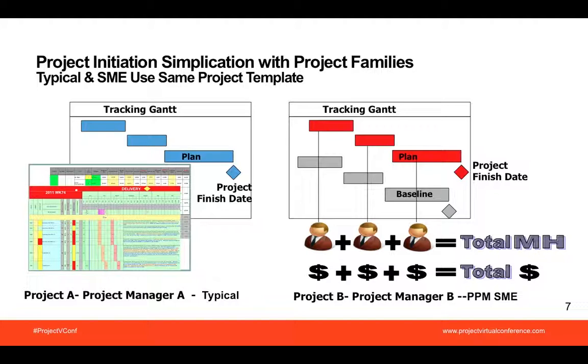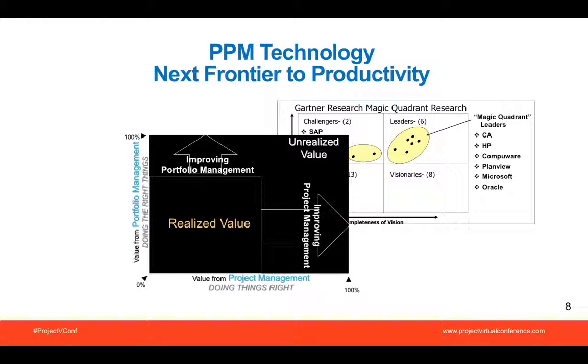So how can this technology provide the next frontier toward project management productivity, defined as high impact? This next slide shows the whole principle of how all this works. The lower left, the black slide, shows portfolio, which is doing the right projects, up the y-axis, and project management, doing projects right, on the x-axis.